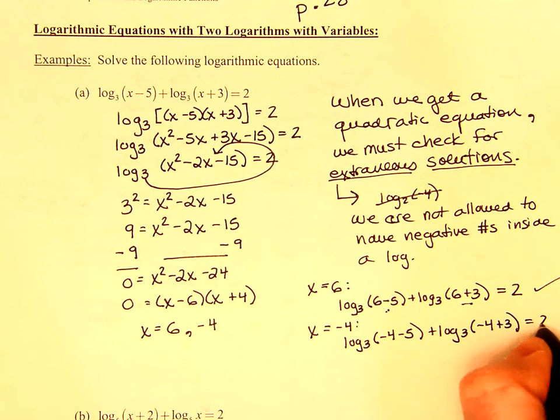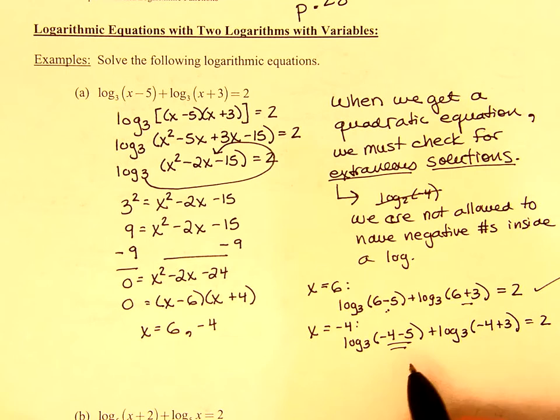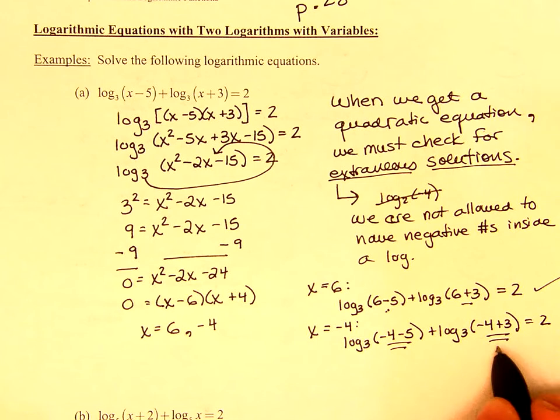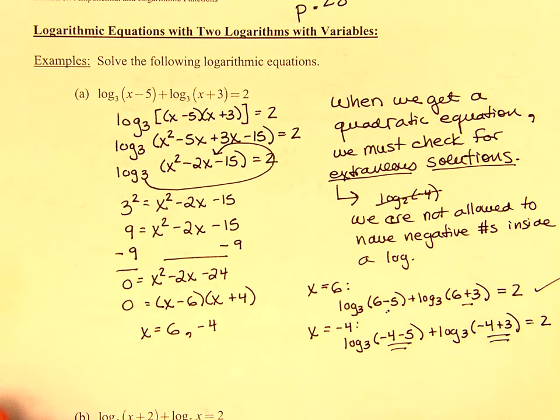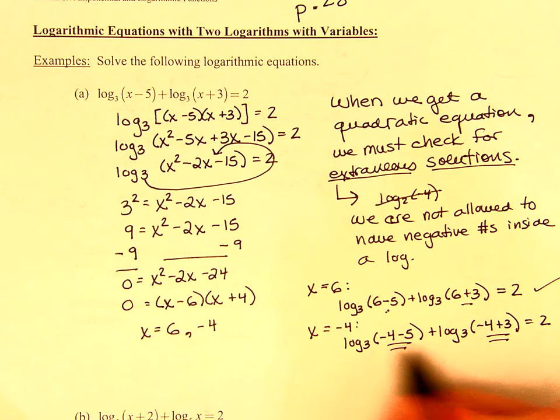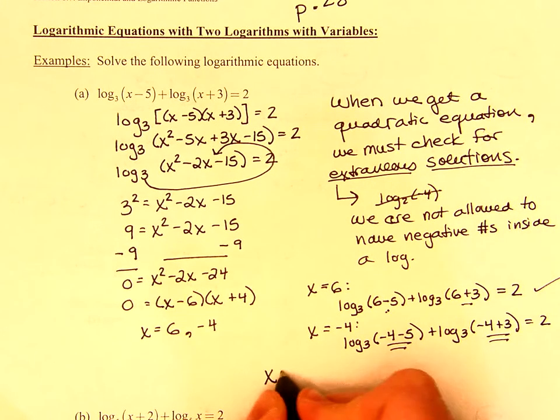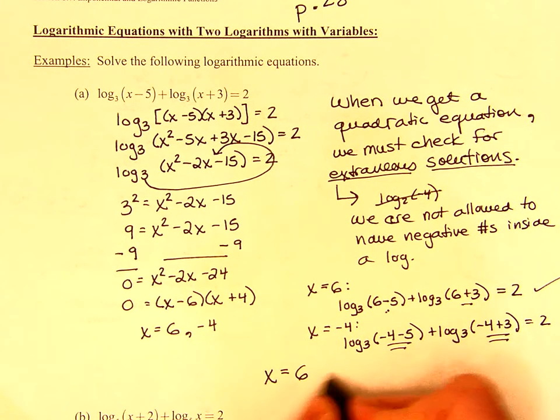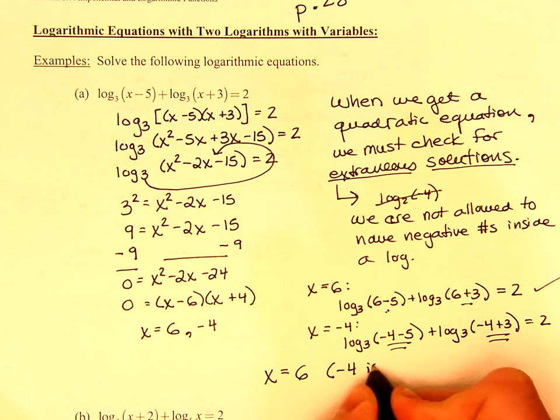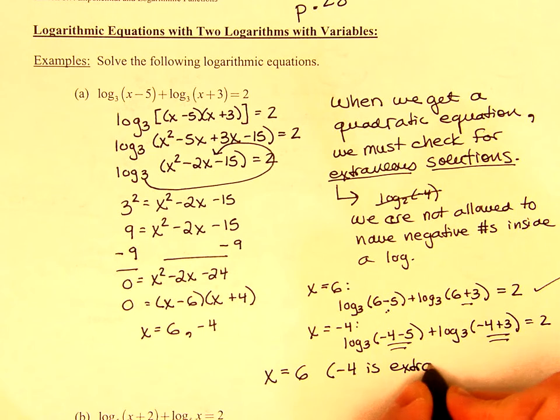I want to see if that equals 2. Well, I've got a negative inside this log. I actually have a negative inside both logs. I've got 2 issues there. You only need a negative inside one logarithm for it to be an extraneous solution. But negative 4, nope, that's not going to work because we're getting a negative number inside of our logarithm. I'm going to end this problem by saying the answer is x equals 6, and negative 4 is extraneous.